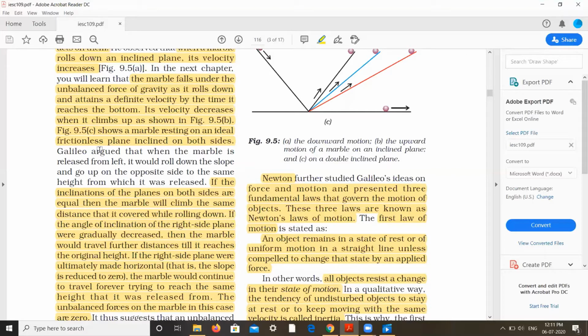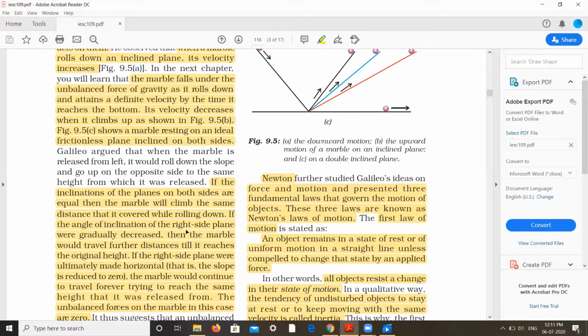If the angle of inclination of the right side plane is gradually decreased, look at this particular situation. Assume the first angle is about 70 degrees, then it is reduced to 60 degrees, then to about 40 degrees. So the inclination is reduced by some amount and finally reaches zero.